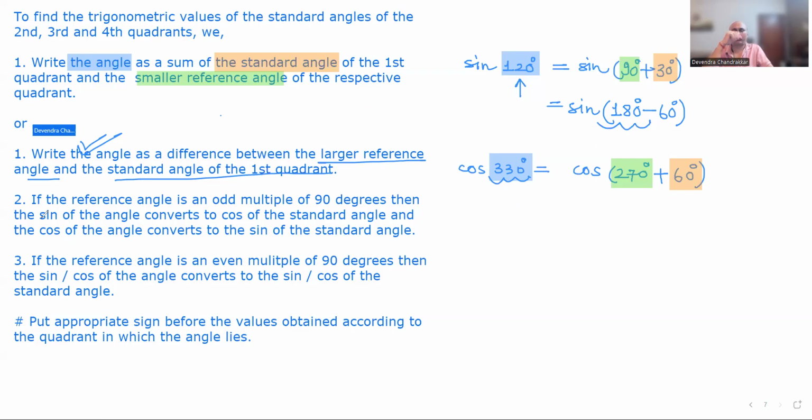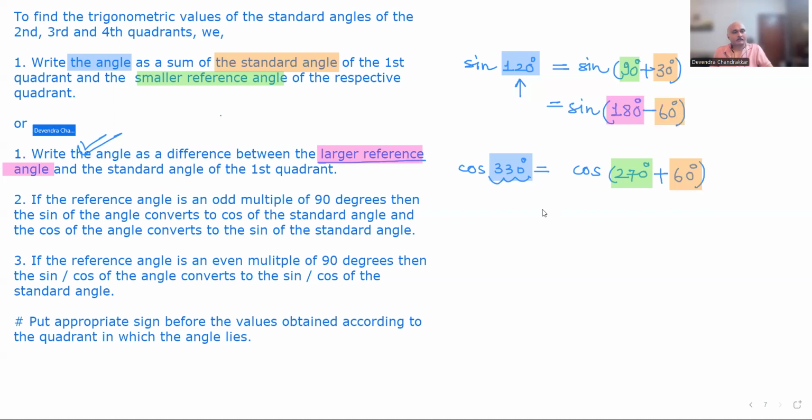So 180 degrees is the larger reference angle of the second quadrant and 60 degrees is the standard angle of the first quadrant. I hope all of you understood this. This is the larger reference angle, and this is the standard angle of the first quadrant, right?